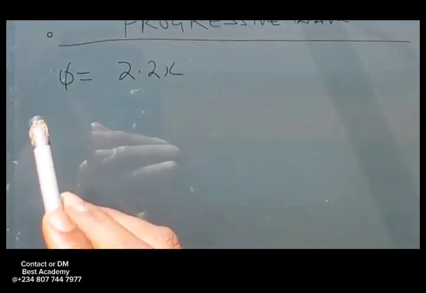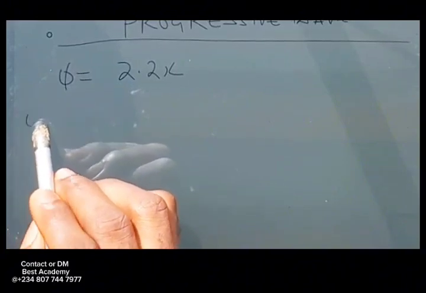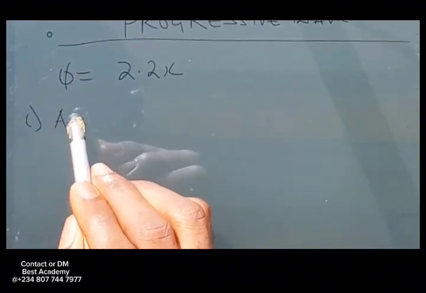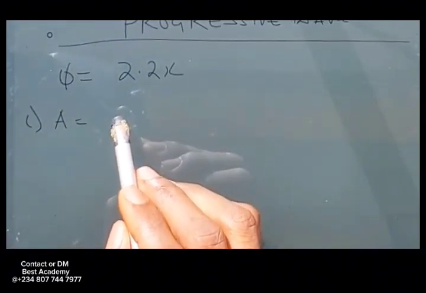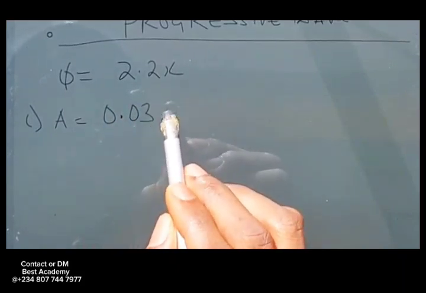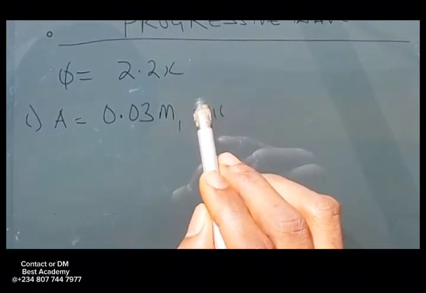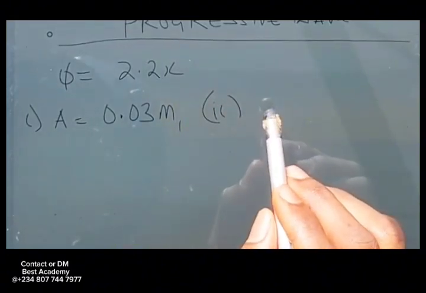Let's look into the first one. I is amplitude. The amplitude from the comparison is 0.03 meter.